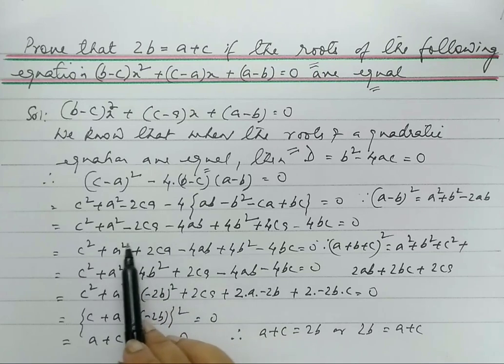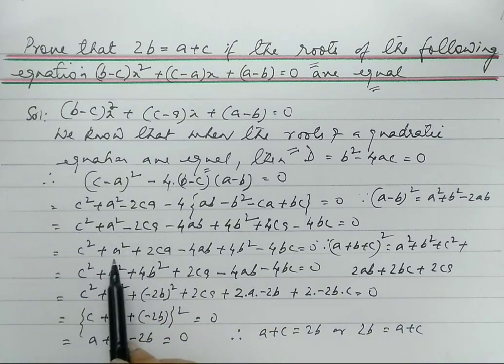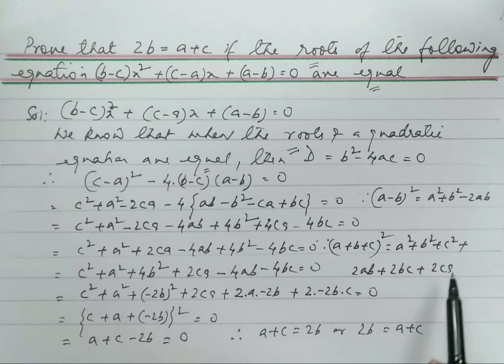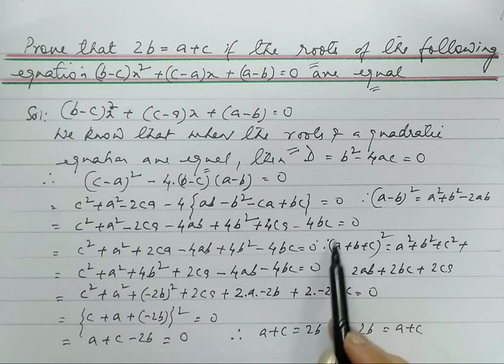When we simplify this, we get our 3 squares here, and our 2ab and 2bc and 2ca like I've shown it here. Got it? And having found that, we write this form here, which is c plus a plus, in bracket minus 2b, and the entire thing is squared.